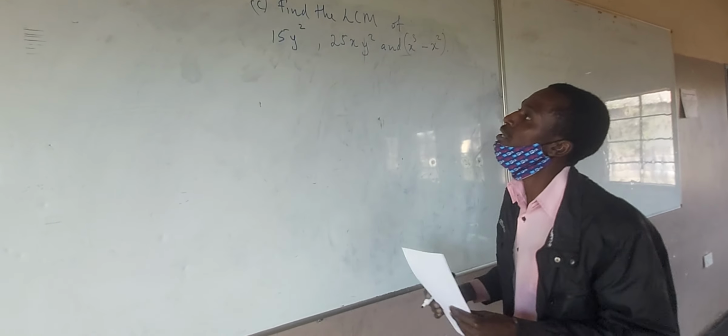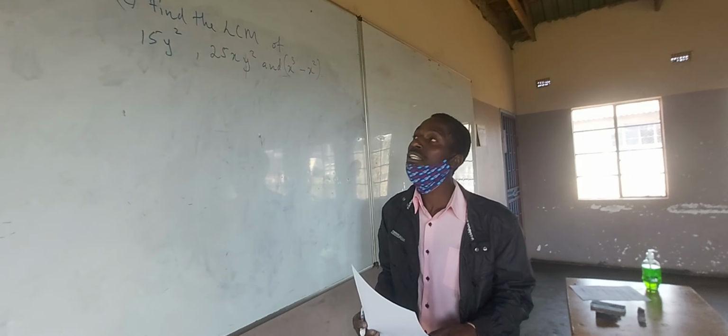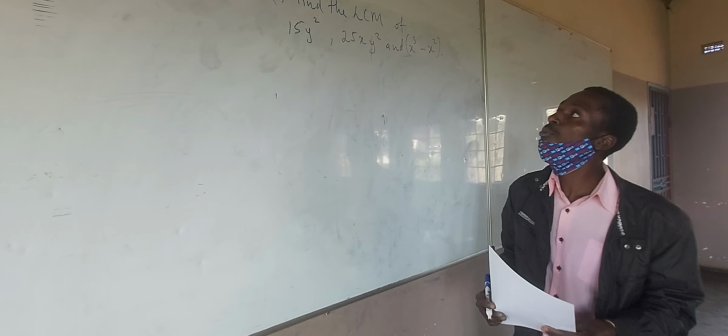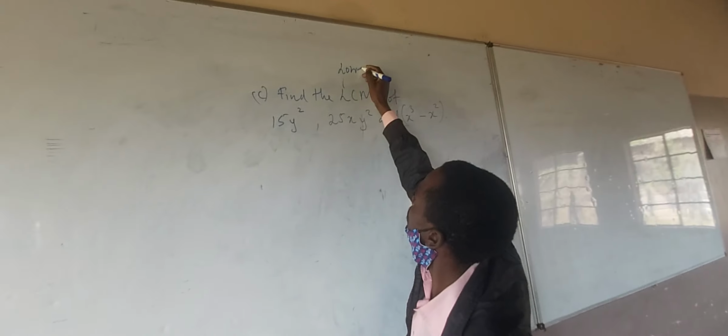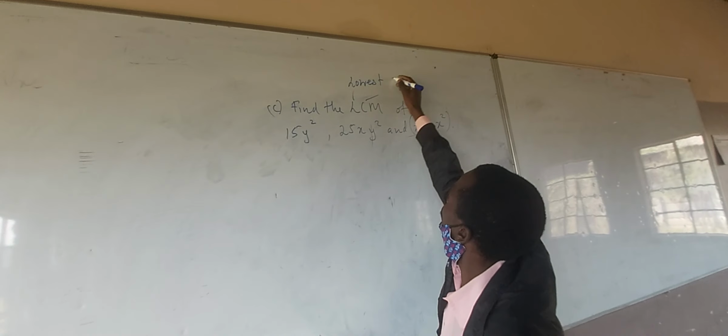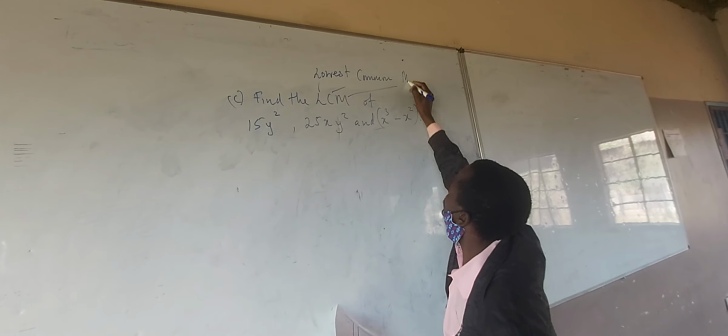We've got 3 elements here, and we are required to find their lowest common multiple. LCM stands for lowest common multiple.